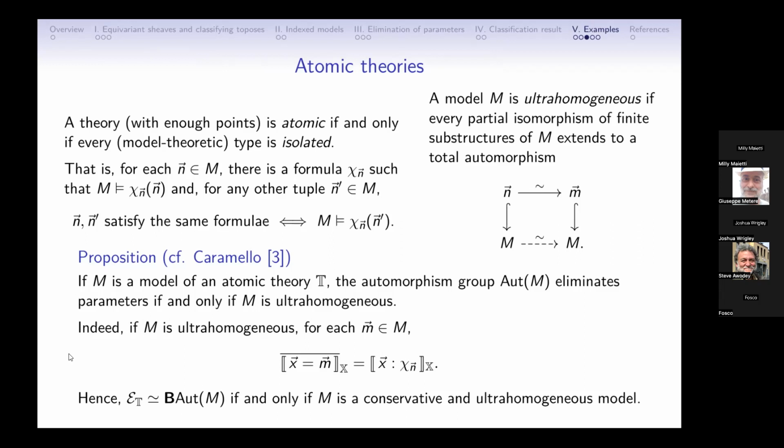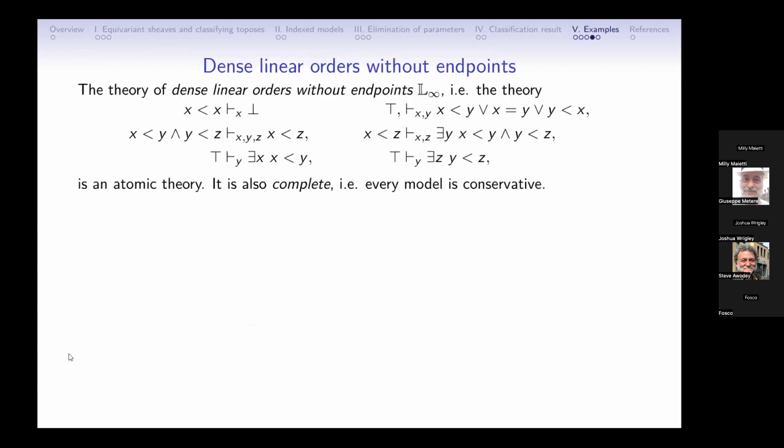Let's go even more concrete. Let's consider a particular example of an atomic theory, the theory of dense linear orders without endpoints. These are the axioms of our theory. Here's the equation expressing denseness and then the lack of endpoints.